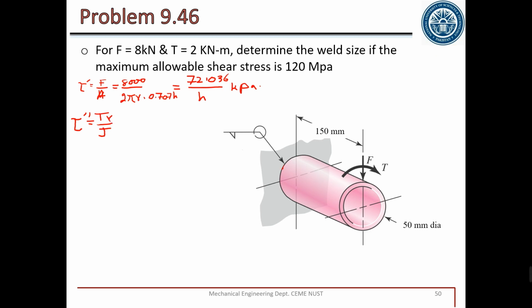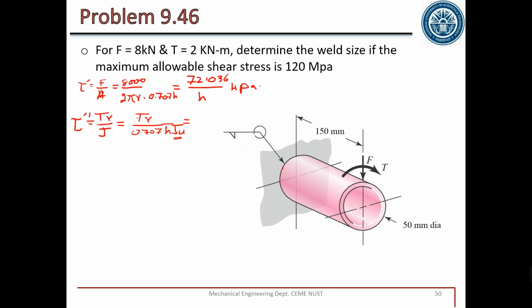Torque is given, R is 25, and J is 0.707 H JU. For a circular weld, from table 9-1, the value of JU is 2 pi r cube.